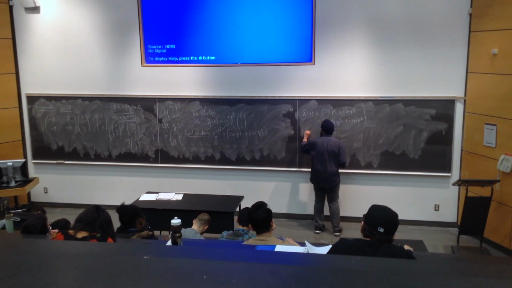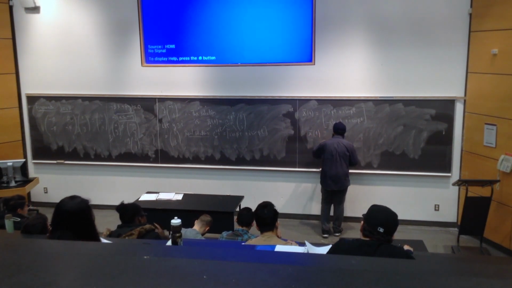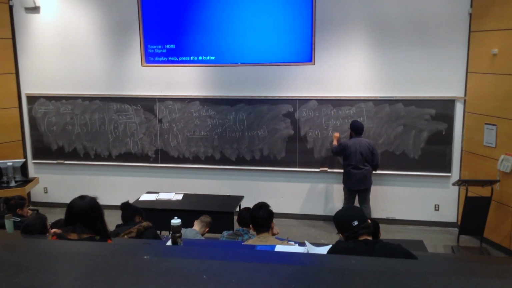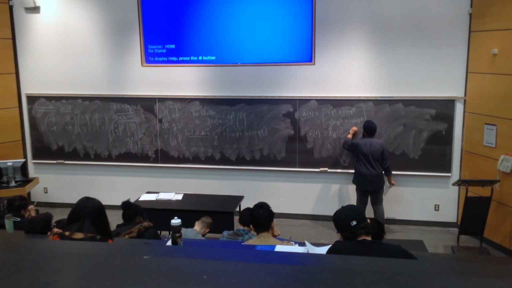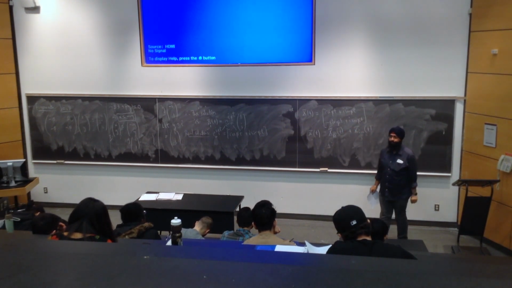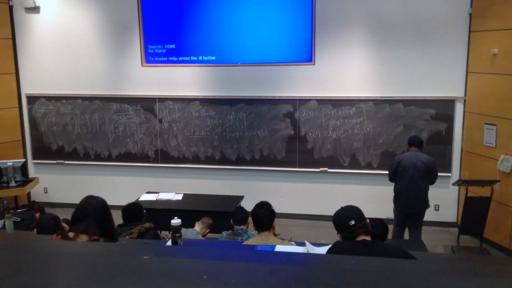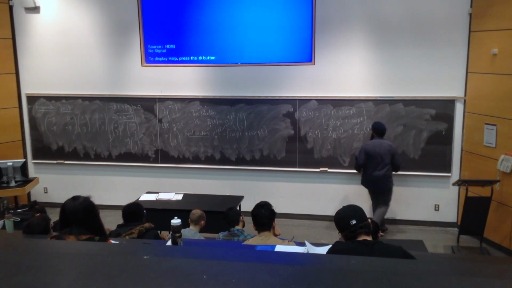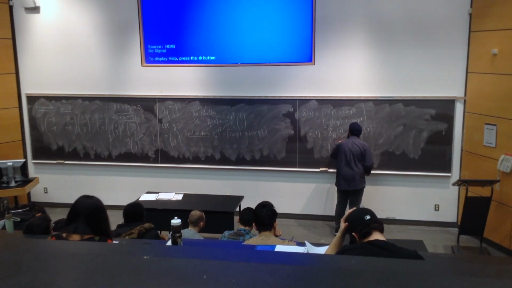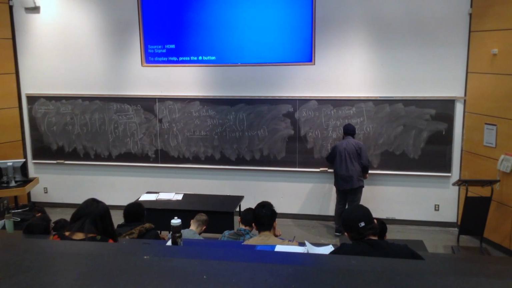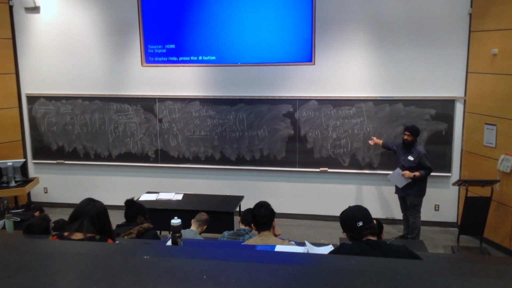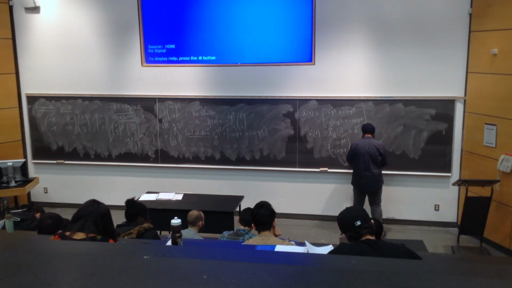Let me denote this splitting by x of t equal to x sub Re, meaning x real of t, plus x sub Im, meaning x imaginary. For x real of t, we get the following matrix: cos beta t, minus sine beta t. The imaginary part is sine beta t and cos beta t.